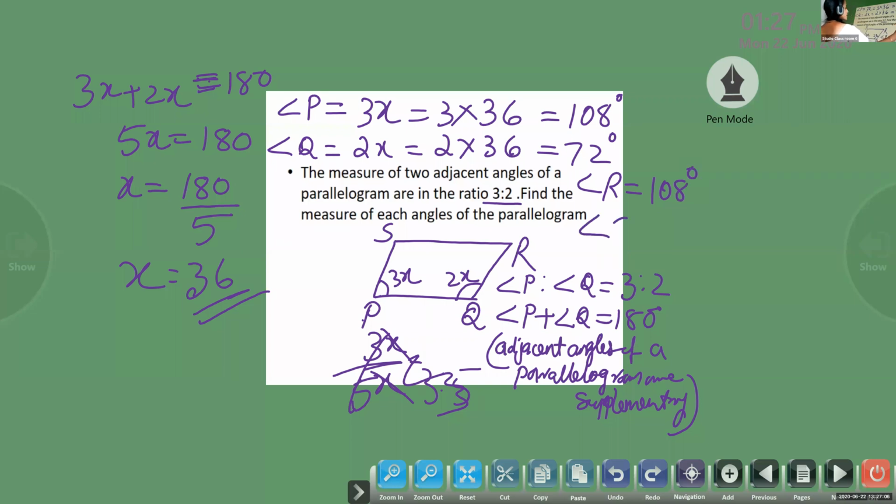And angle S is opposite to angle Q, that is 72 degrees. So this is the answer. Angle P is 108 degrees, angle Q is 72 degrees. Angle R is also 108 degrees because angle P and angle R are opposite angles of the parallelogram, and opposite angles are equal. Angle Q and angle S are also opposite angles of the parallelogram.